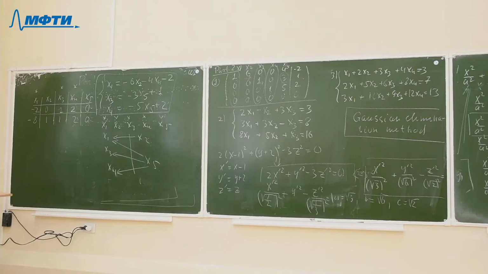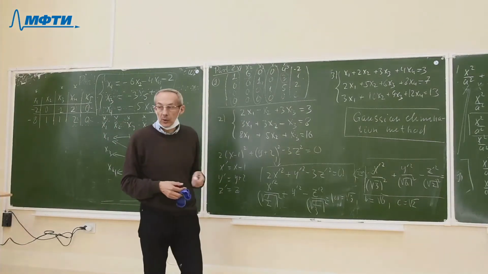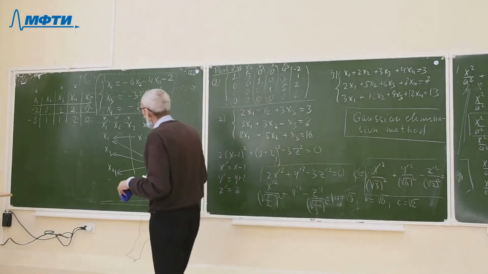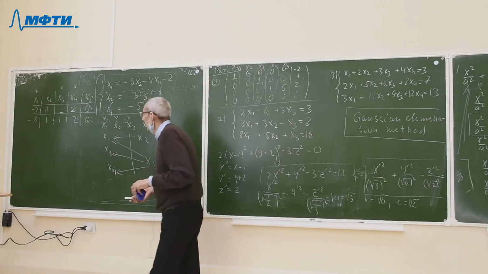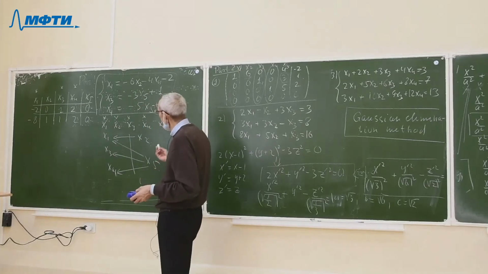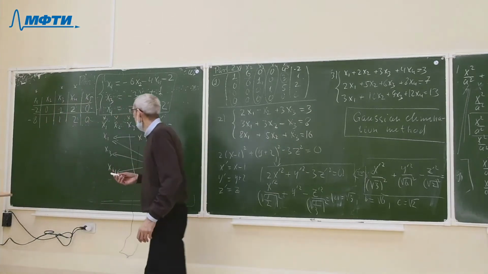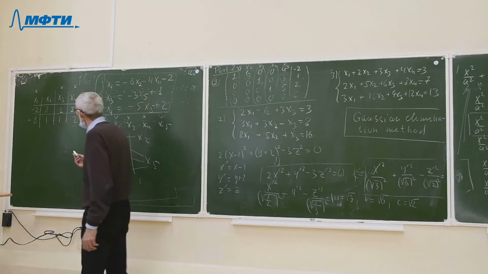And our goal is to obtain this form of augmented matrix. And after that, we can obtain the general solution of this equation in such form. And if we have the general solution from this general formula, it is easy to obtain a partial solution in the following way.